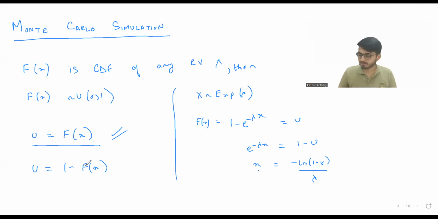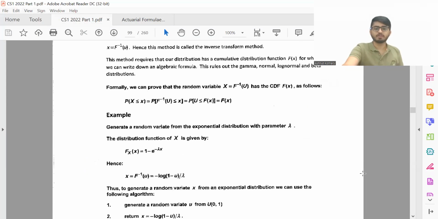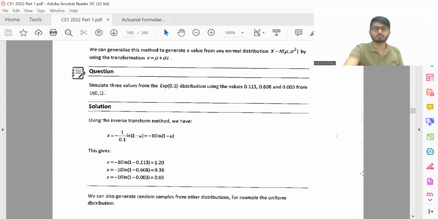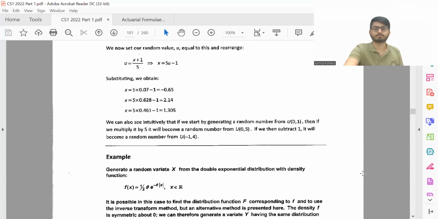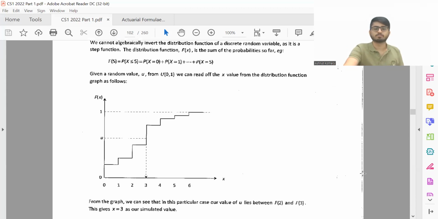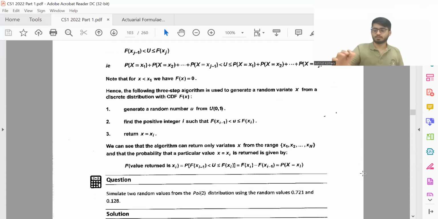As for the discrete one also, let us take a look. This was for the continuous distribution. For the discrete one, this is the formula. First, generate a random number U from uniform 0, 1.